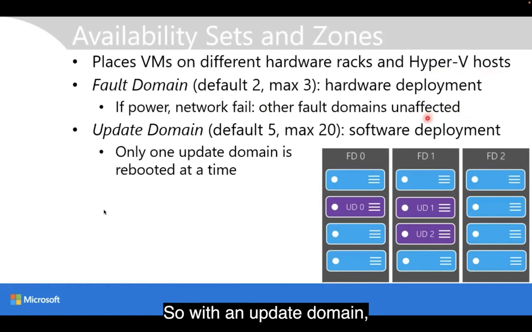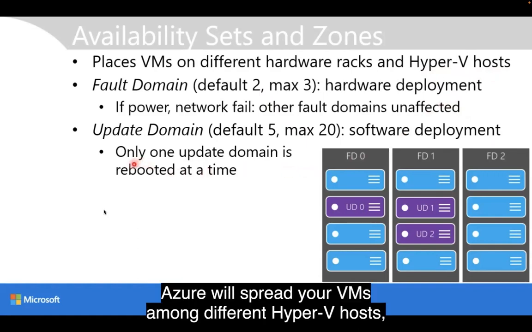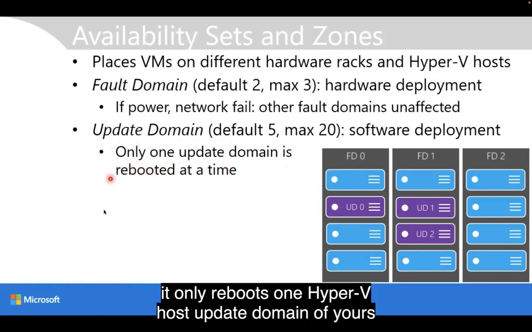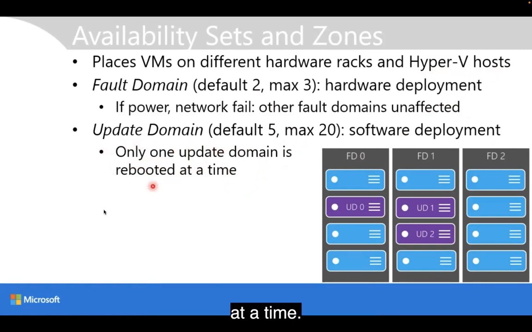So with an update domain, Azure will spread your VMs among different Hyper-V hosts, and then it follows the rule of it only reboots one Hyper-V host update domain of yours at a time.